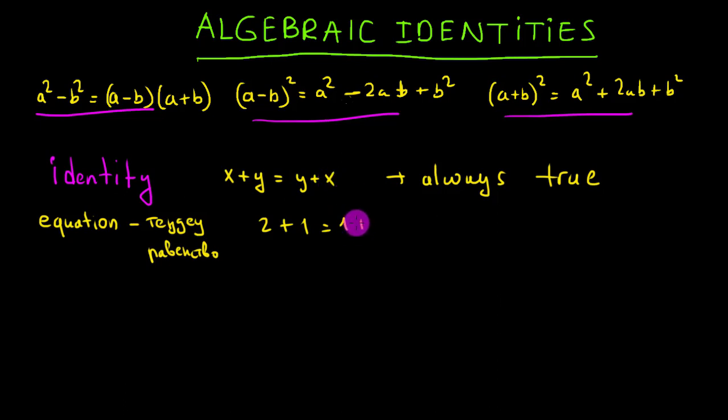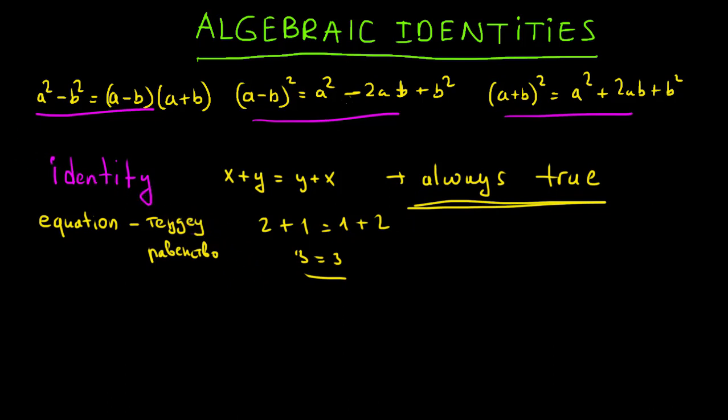So x would be 2, yeah? 3 is equal to 3. This is true. So you can put any number, and this will always be true. So this kind of equation we call an identity. So, this equation, which is always true, okay?